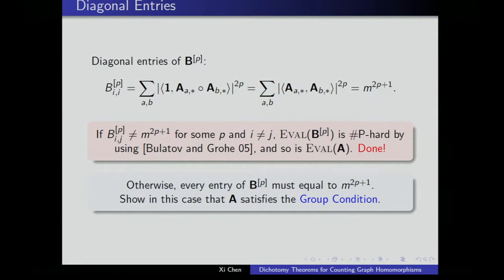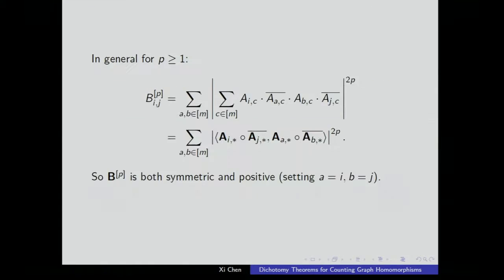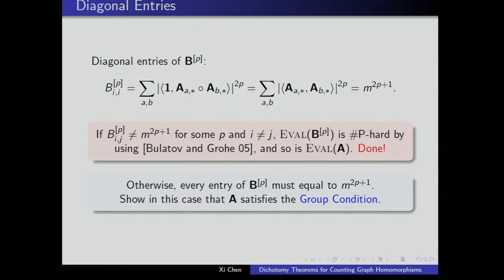But before that, let's take a closer look at the diagonal entries, I equals J. Once I equals J, the first vector just becomes the all one vector. Basically just disappeared. And then this becomes the inner product of A's row and B's row. And this expression, we know exactly what it is, because the matrix is supposed to be unitary, discrete unitary.